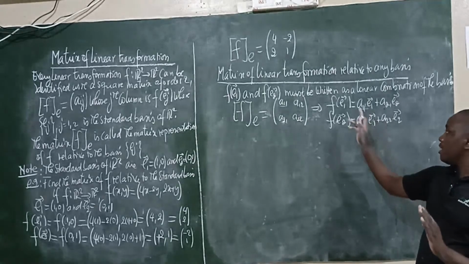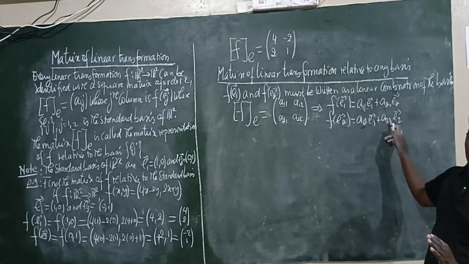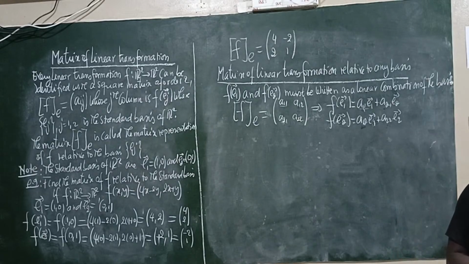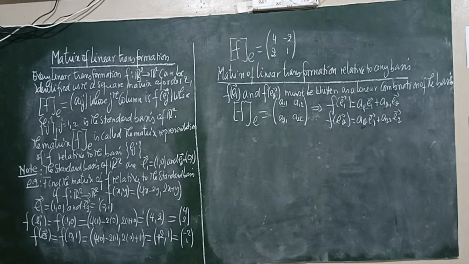So this A11, A21, A12, A22 must be found. The aim is only to find those constants. After getting them, it will be easy to write the matrix of linear transformation.